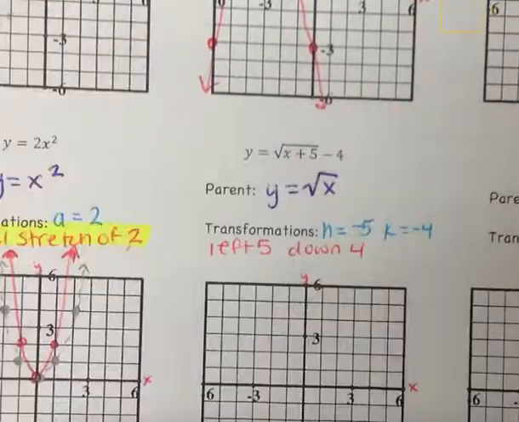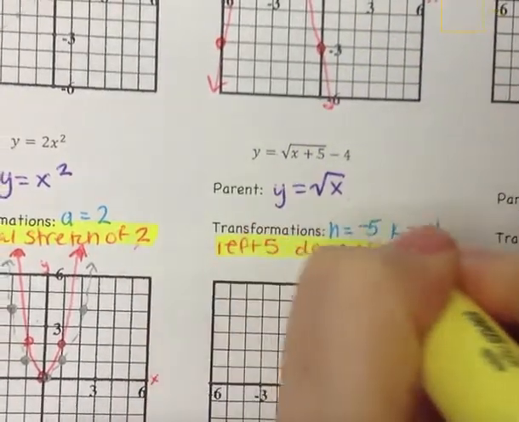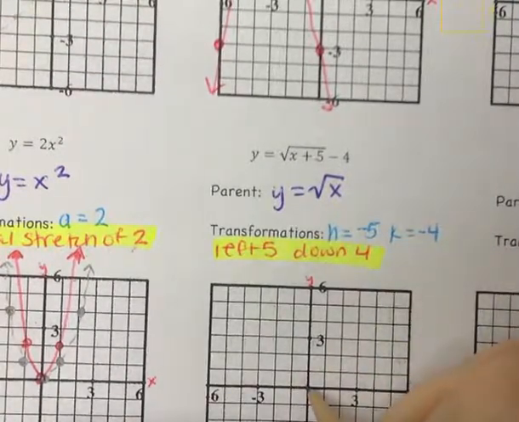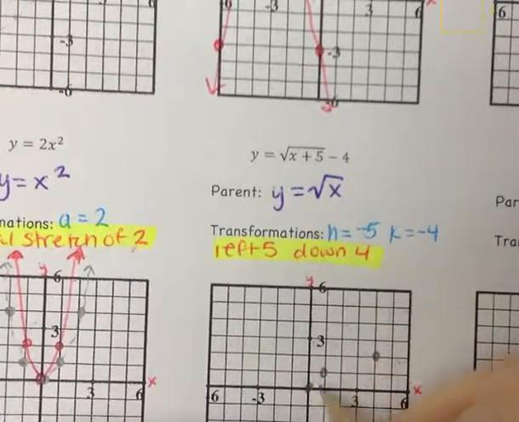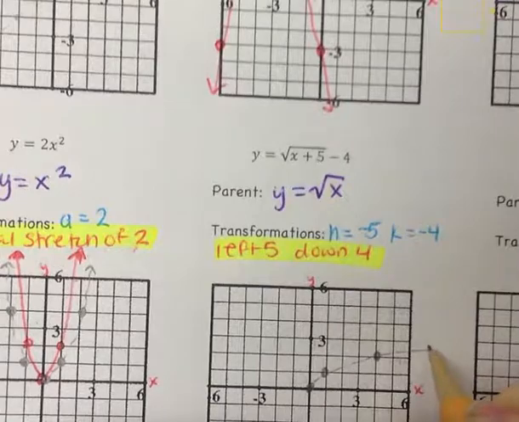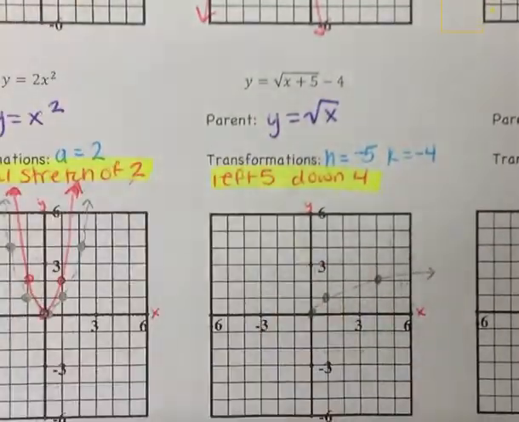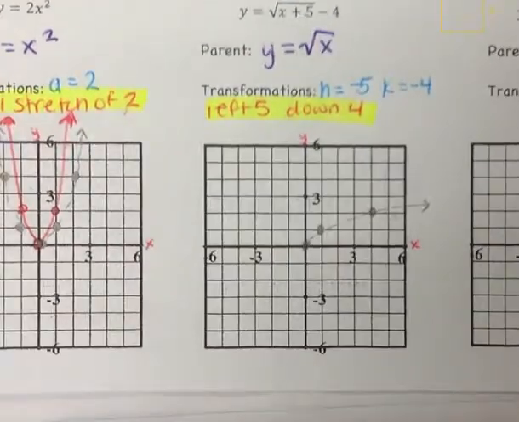These are our transformations from our parent function. Going to graph the parent function of the square root of x: 0, 0, 1, 1, and 4, 2. For the transformations of this, I'm going to move all of these three coordinates left 5 and down 4.